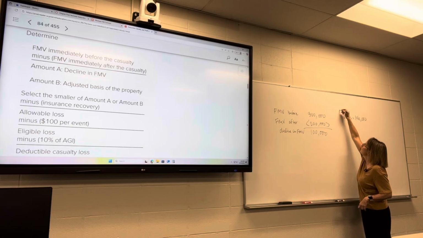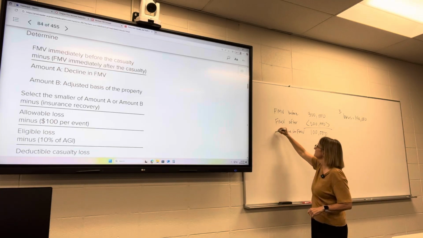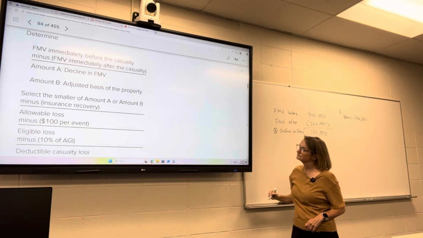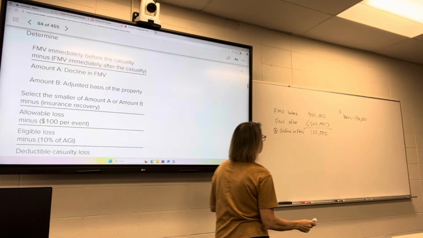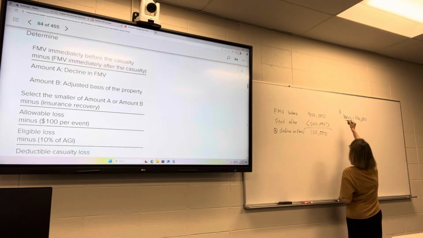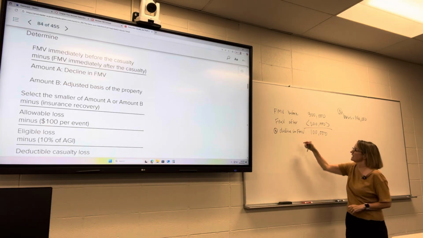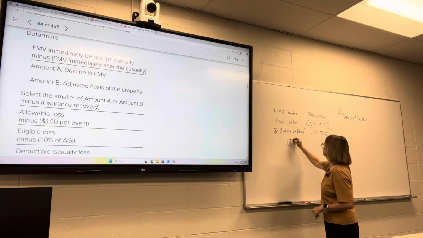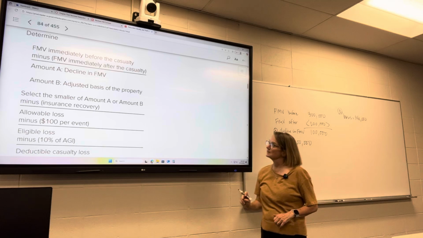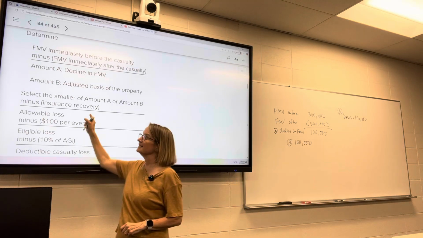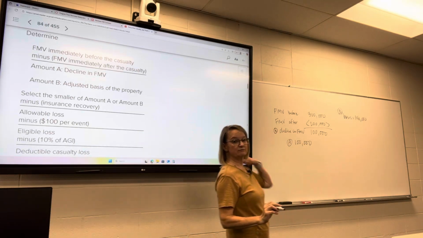So this is part B, this is part A. Select the smaller of A or B. All right, well, the smaller of those two is A. We have to subtract any insurance payment that we received.